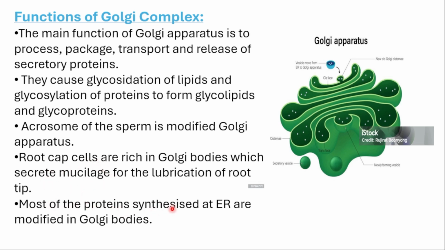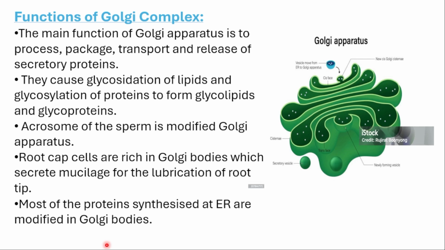Most of the proteins synthesized at the ER are modified in the Golgi bodies. Most of the time, the maximum percentage of the proteins and lipids produced by the ER are modified in the Golgi body. Here a question arises: why are they going to be modified? Yeah, that's actually a right question. See, what does the cell think?